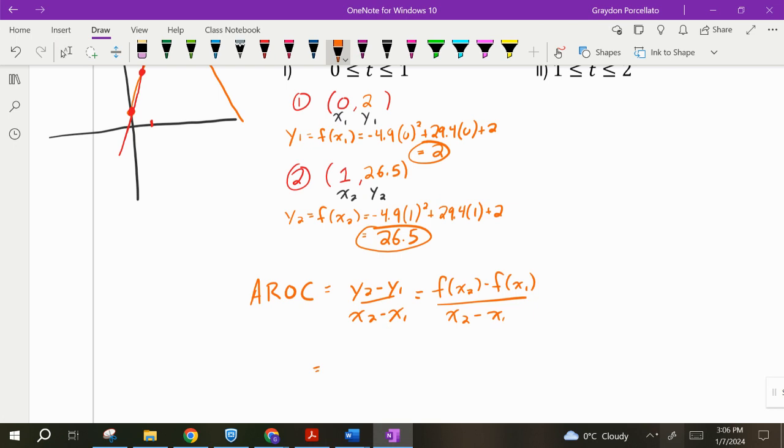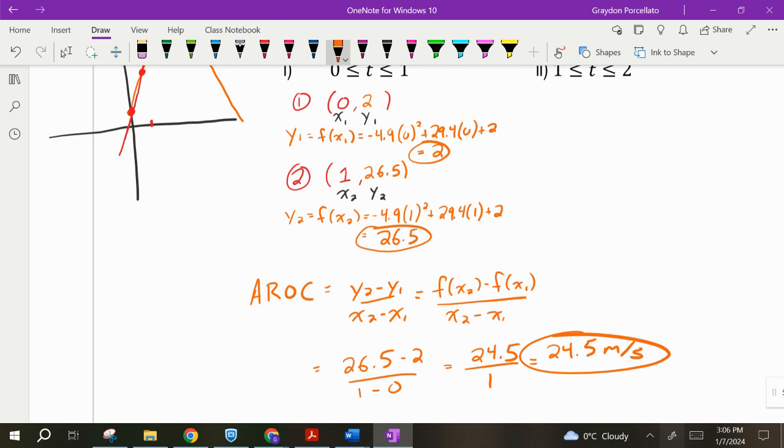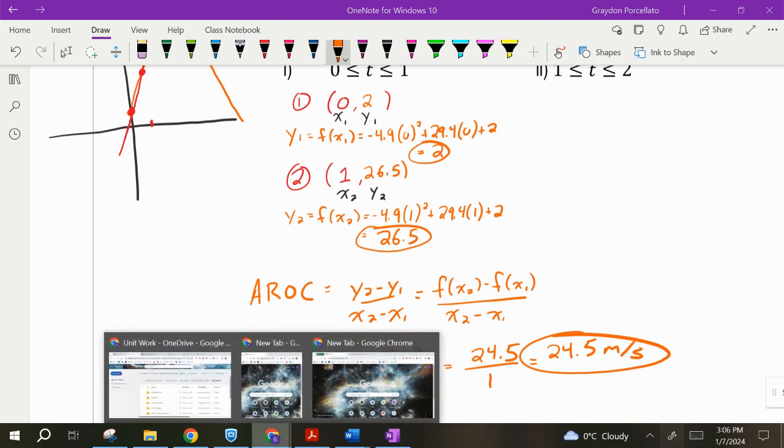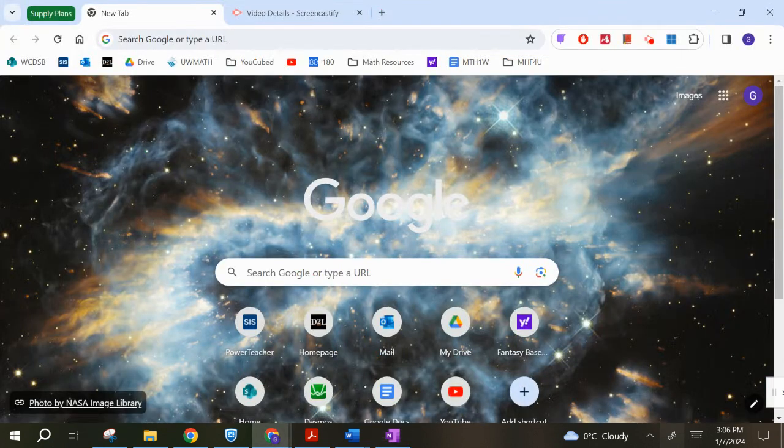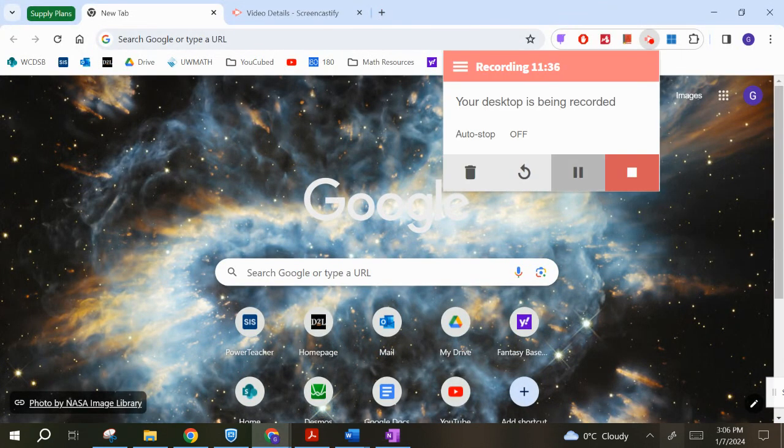So that's equal to 26.5 minus 2 over 1 minus 0, which is 24.5 over 1, which is equal to 24.5 meters per second. That is our very first average velocity. I'm going to pause this to make sure that I do the calculations correctly, and then I will continue this part of the video.